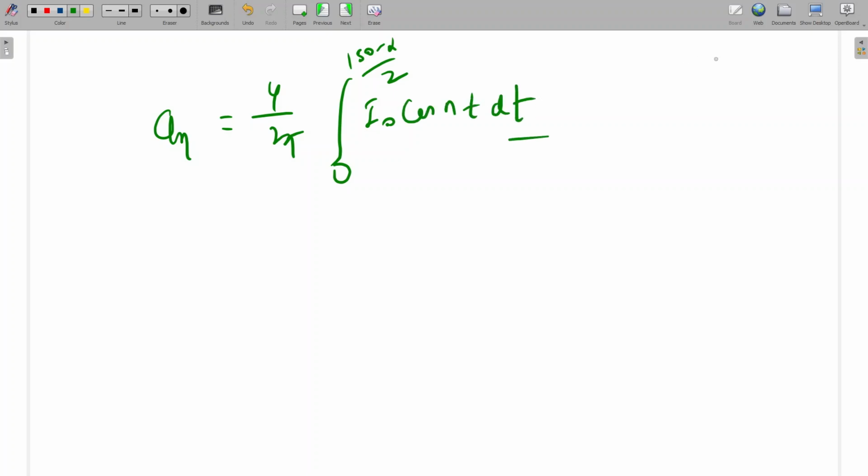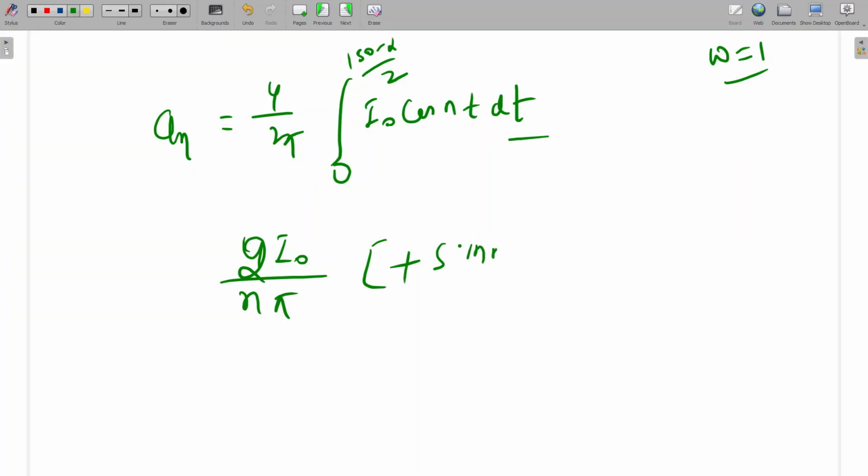Here also the time period is 2 pi, so omega will be 1. So 2 I naught upon n pi, it will be plus sine nt, from 0 to 150 minus alpha by 2. Is it clear? This will be the an value.